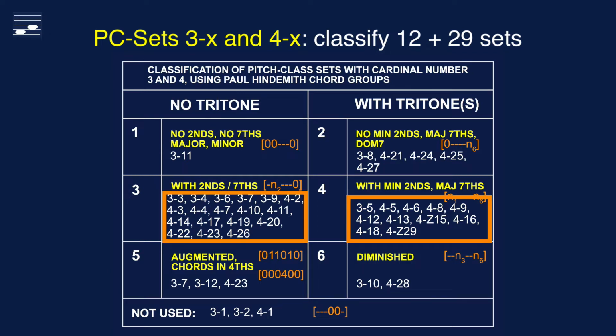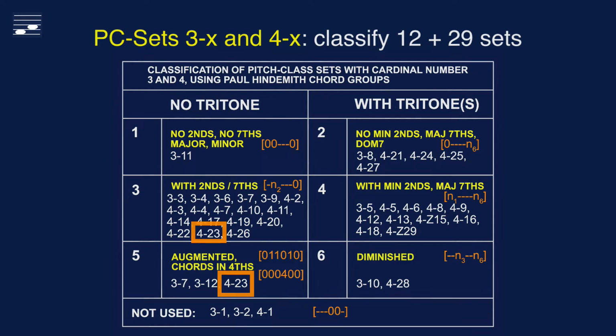Note that the majority of sets land in group 3, the one without tritone but with major and minor second intervals, and in group 4, which is with tritone and single or multiple sharp dissonances. There is one ambiguous set 423, a chord structure in fourths that belongs to both group level 3 and 5.